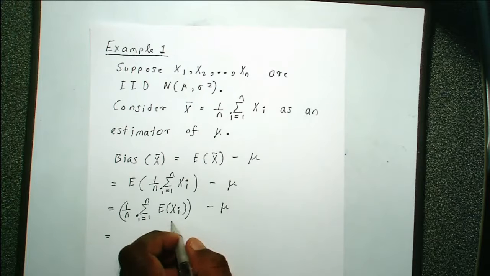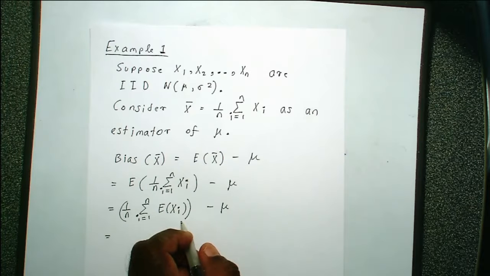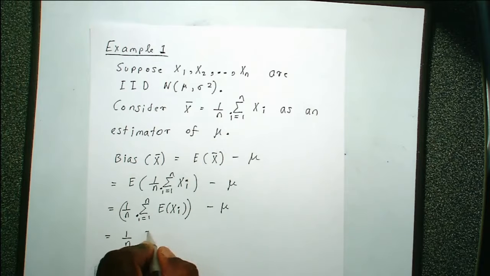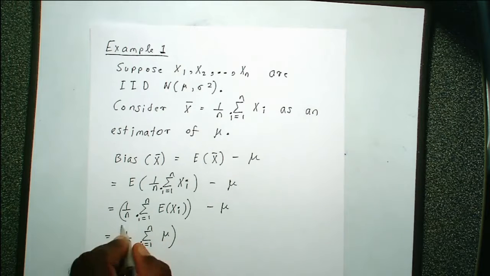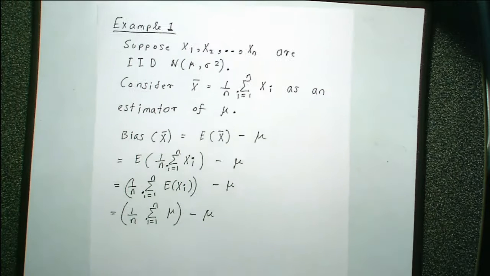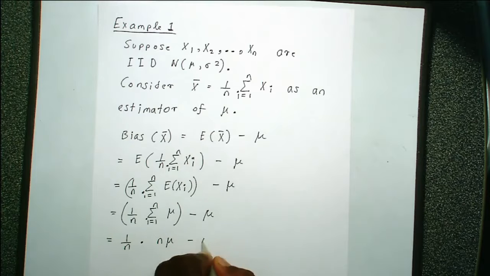Now, what's the expected value of xi if xi is normal? Talk to me, guys. What's the expected value of xi? It's mu, right? All right, so this is 1 over n times n mu minus mu, which is 0.